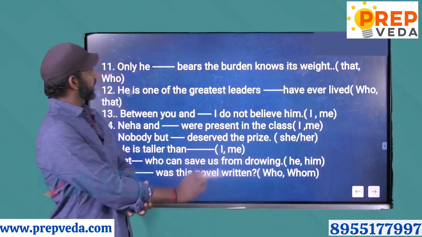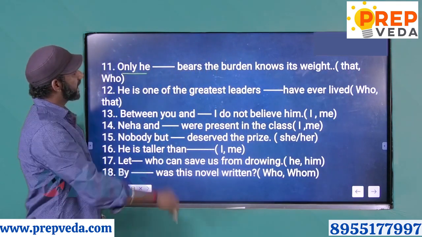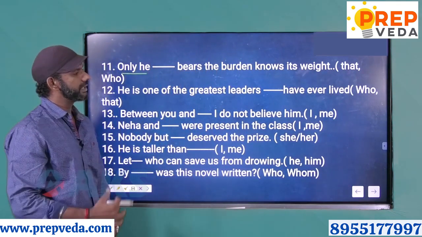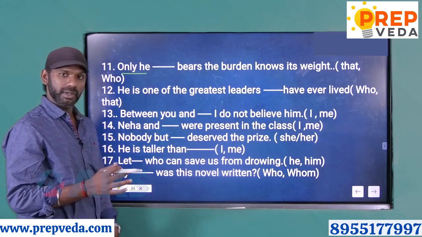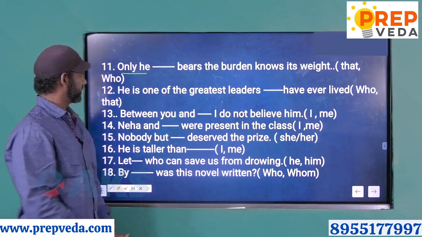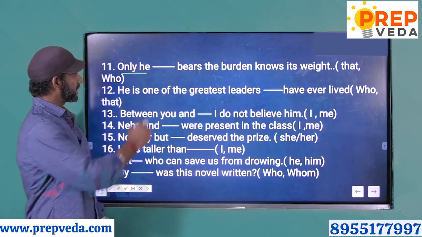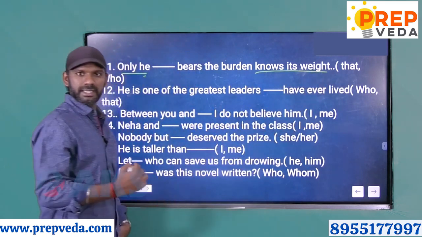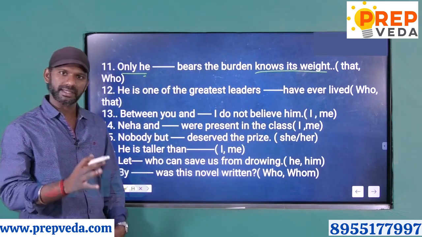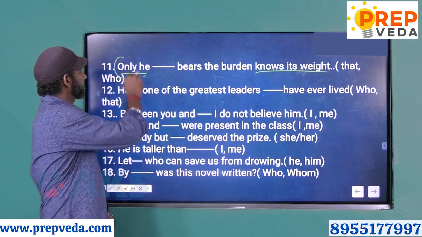Come on, next one. Only he dash bears the burden, knows its weight. Right? The options are that and who. Both are correct actually. Only he. So the action related to he is knows the weight. That means he is doing the action, subject, it can be who. But in this sentence we have only.